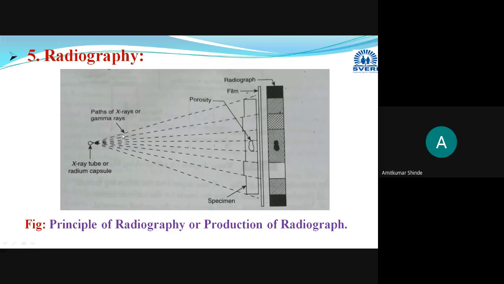Suppose you are using X-rays from X-ray tubes. If you are able to get the X-rays, their wavelength is very small, from 0.02 to 5 angstrom. Its wavelength will be in that range.